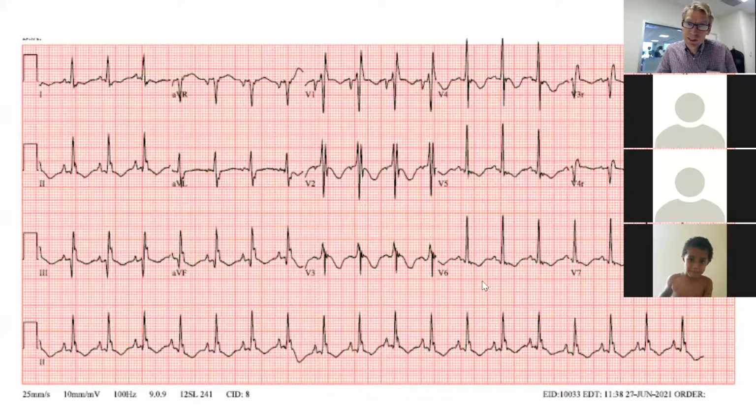So what is that telling us? If the QRS duration is too long, there must be a block. Conduction is taking longer to travel. Yes, that's right.